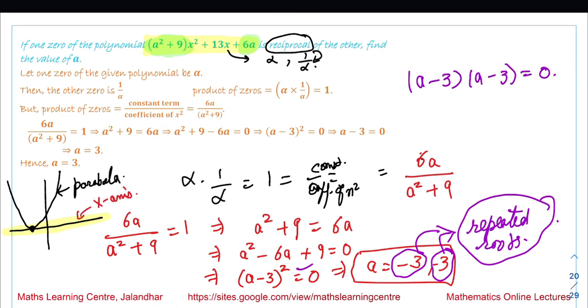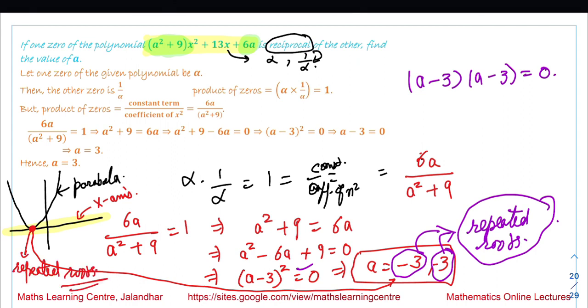So it seems like it is intersecting at only one point. This case represents repeated roots. It has two roots, and these two roots are repeated roots.